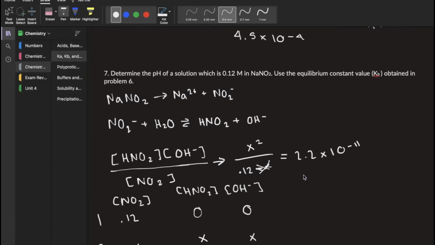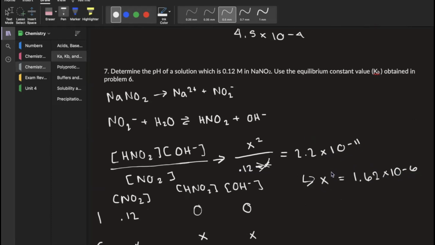By solving for X, we find that X equals 1.62 times 10 to the negative 6. We found that by multiplying 2.2 times 10 to the negative 11th by 0.12 and then finding the square root.